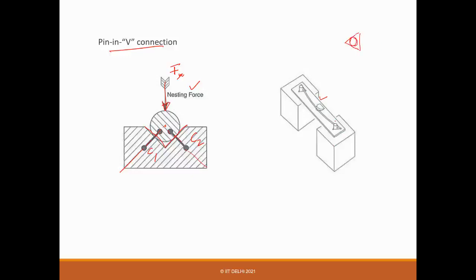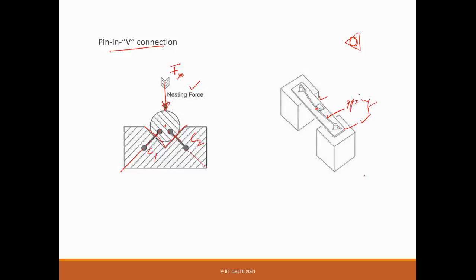What this bar is doing is just resting on the pin, and there is a small notch in this plate. It actually bends here, and because of this it acts as a spring. It's nothing but a spring.